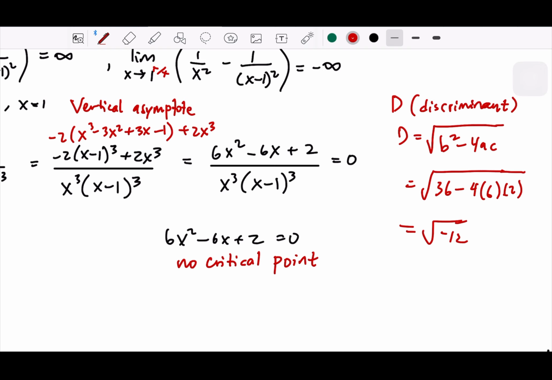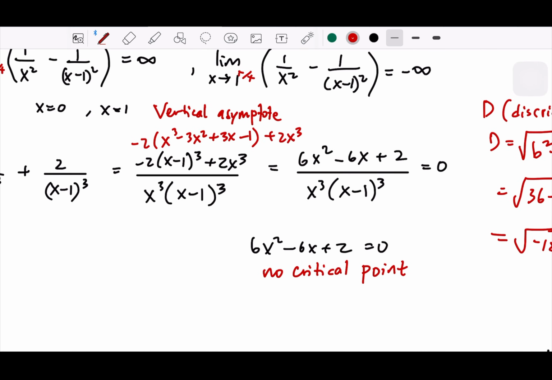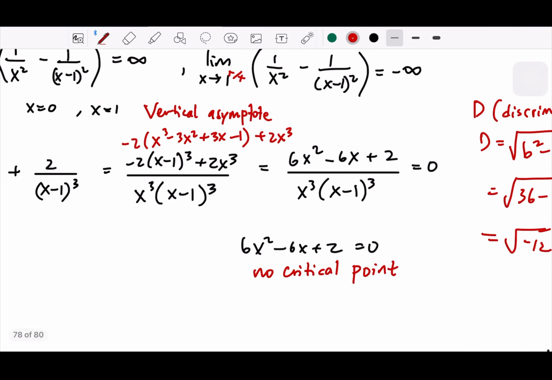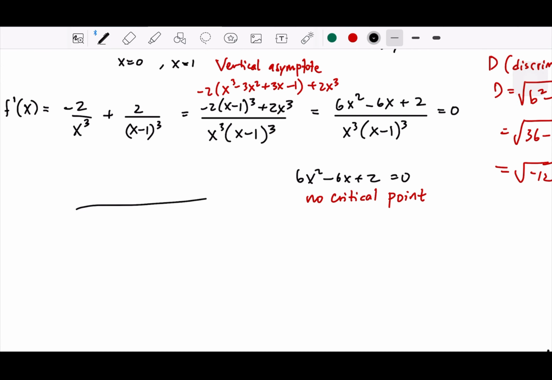Okay. And again, because we already have the vertical asymptotes, which are 0 and 1, we can also check that in our number line, to check the intervals on the f prime. Okay, so we check the number line and 0 and 1.